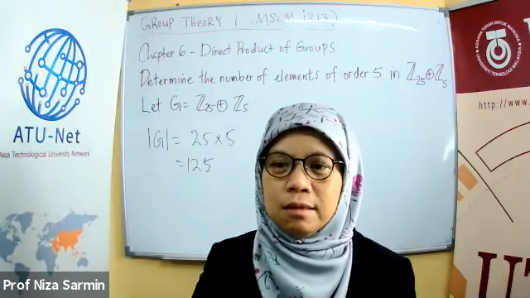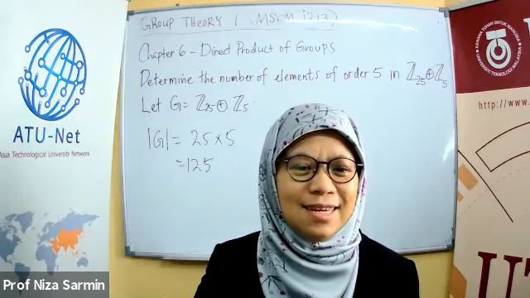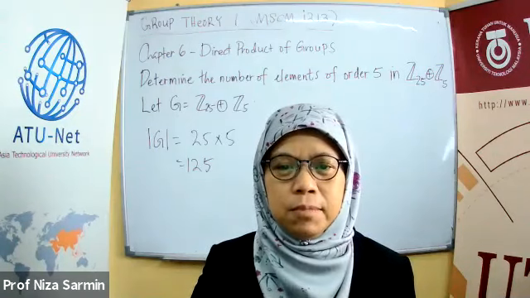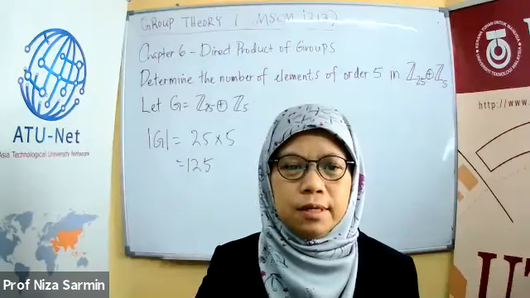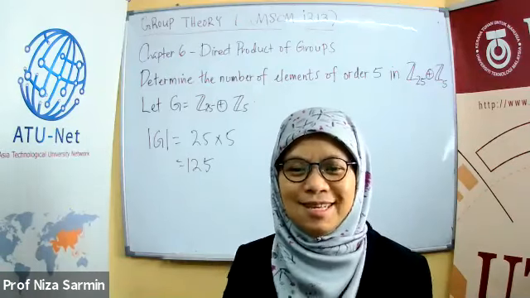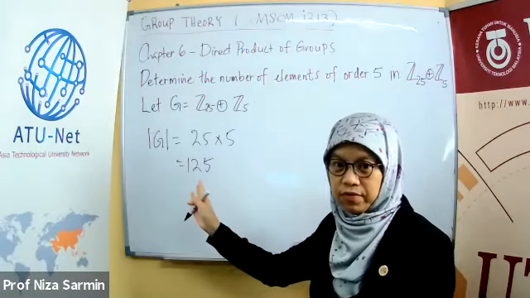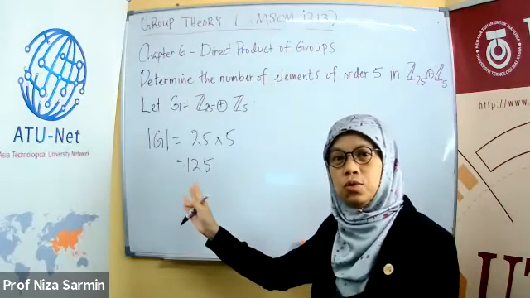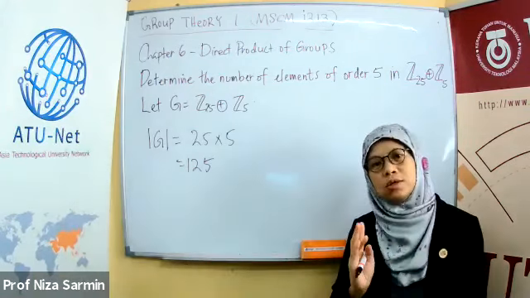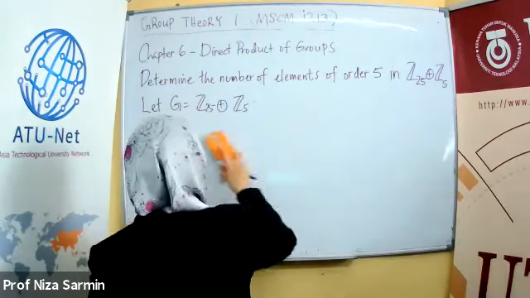Let me turn off my WhatsApp notifications first. Okay, so we don't want to list all 125. What we will do is use the fact that the order is the lowest common multiple.